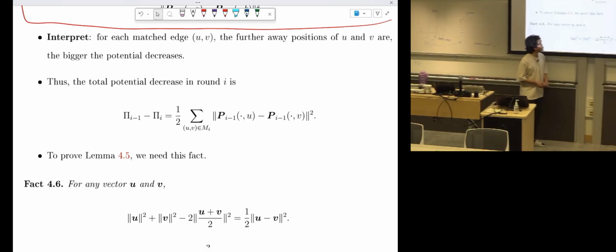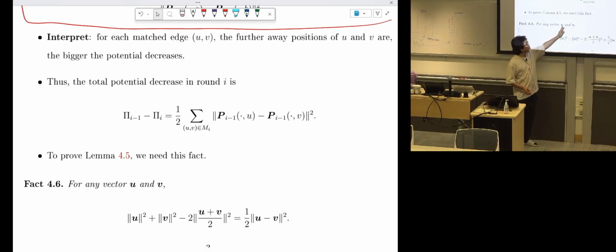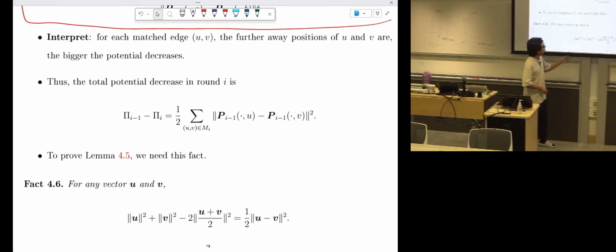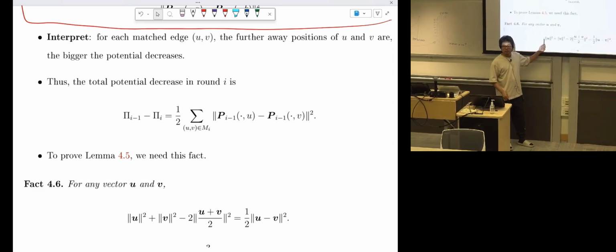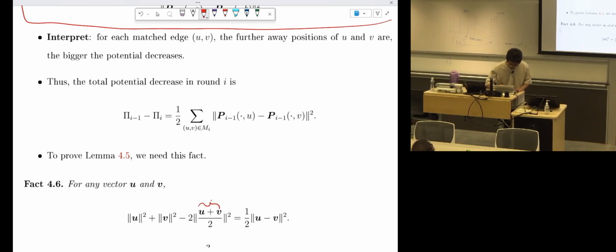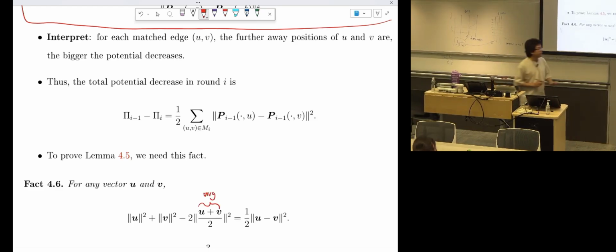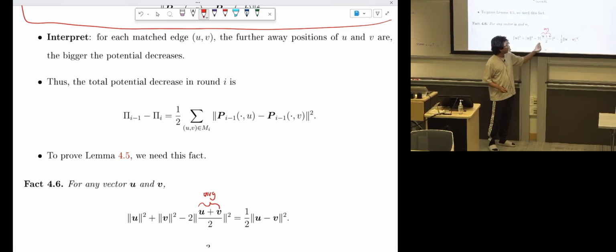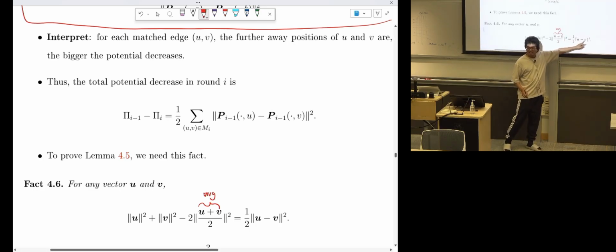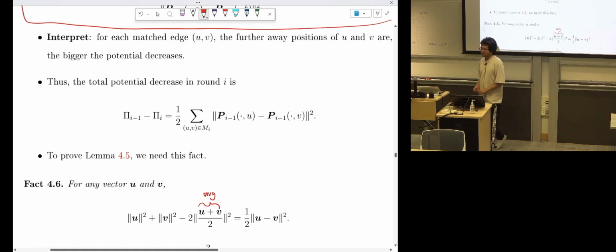It says that if you take any vectors u and v in the same space, then the size of u squared plus the size of v squared, minus 2 times the size of the average of u and v squared, is exactly 1/2 of the distance between u and v squared.